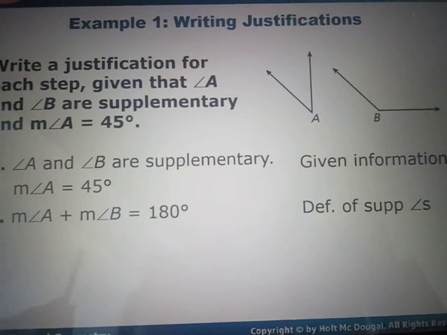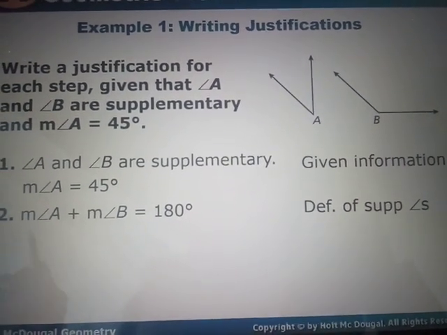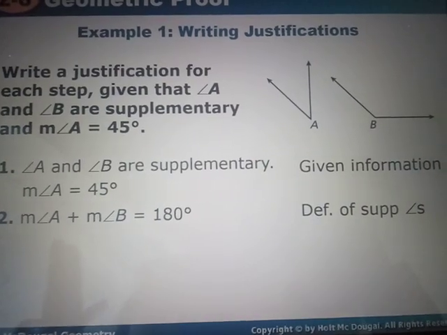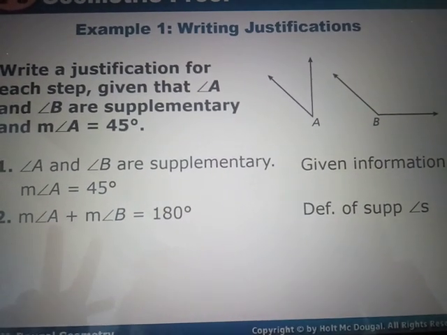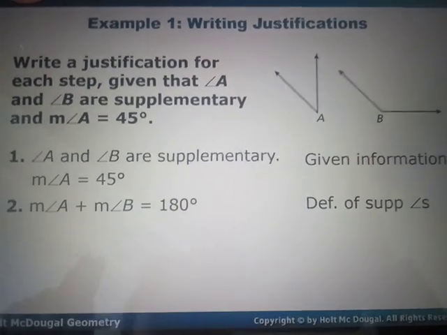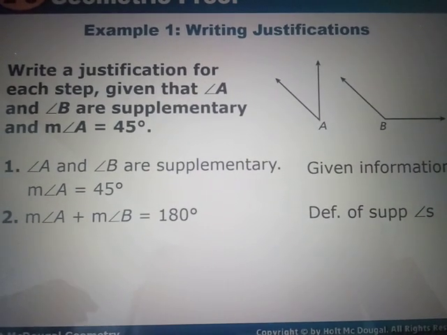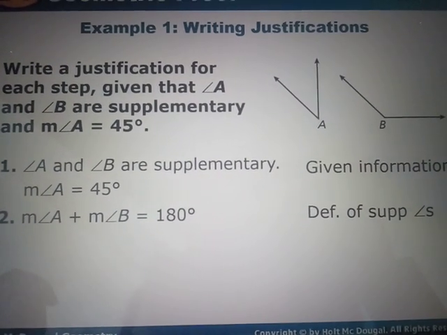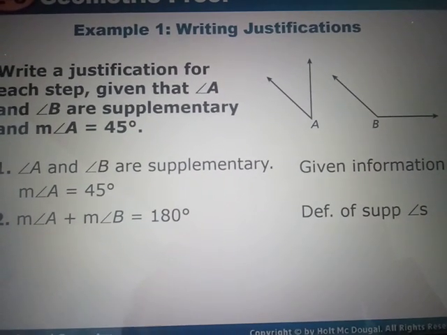Okay, so if he said supplementary angles, it means the summation of the two angles equals 180. If he said the two angles are complementary, the next step you must write the summation of the two angles equals 90. From where did you understand this? From the definition of supplementary angles or the definition of complementary angles.